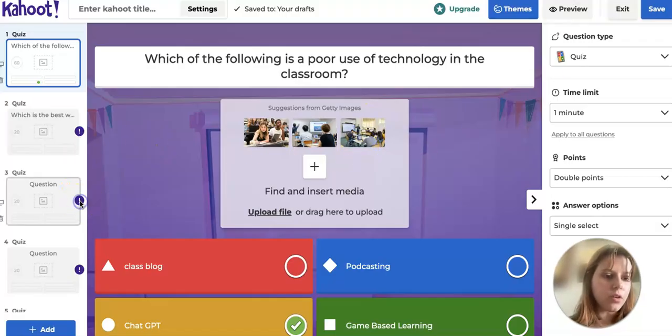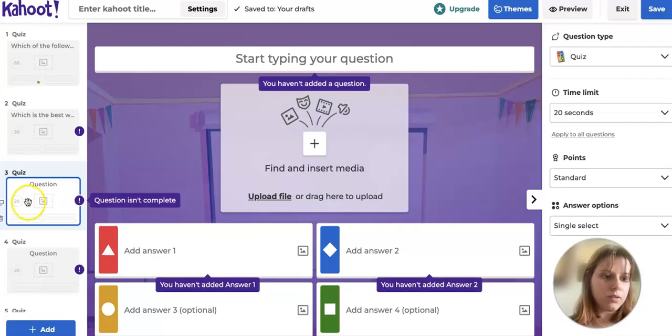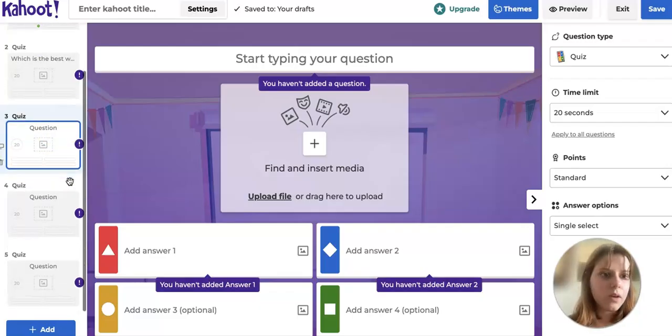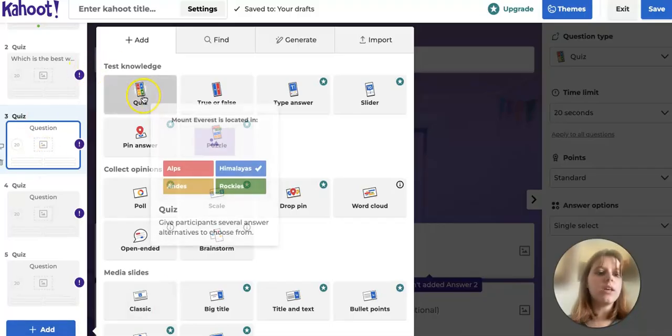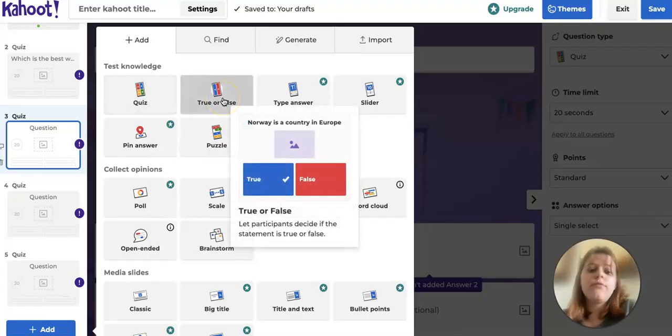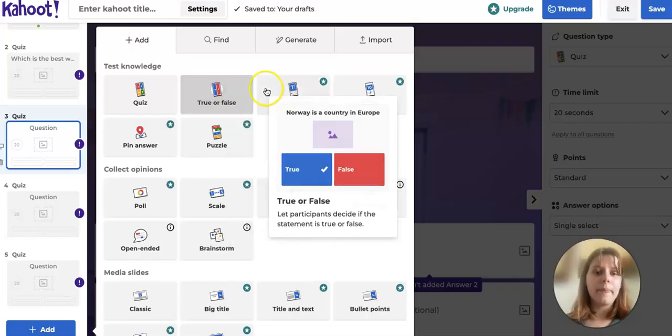And there are also a lot of different questions. So let me go to add. So, guys, if I want to add a question, we can use quiz questions, which are our multi-choice questions. Then you can use true or false questions, which I love to use.